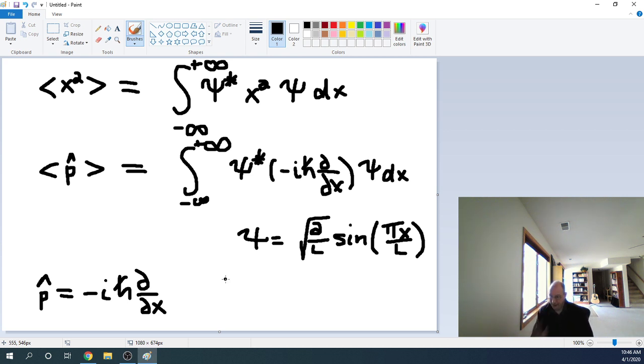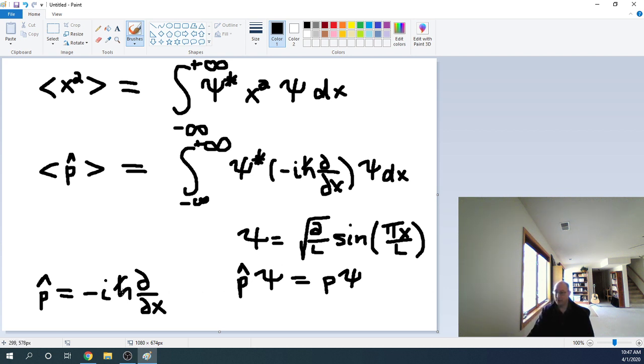So the generalized eigenvalue problem is the following. If you take a generalized operator like our momentum operator, and you operate on the wave function that you're talking about, that should be equal to some constant, which I'm going to call p, the momentum associated with it, times the function back. That's the general eigenvalue problem.